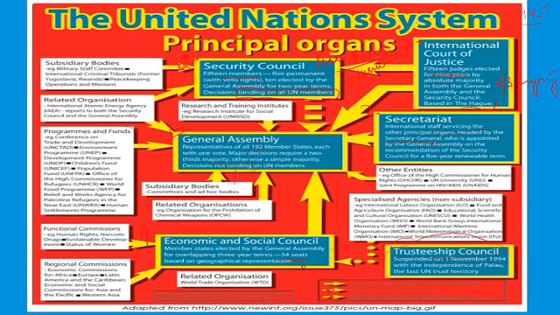Then there are regional commissions, fine, and related organizations. So all this one page, if you prepare thoroughly, half of the chapter is done. It has the detail of all the principal organs, and not more than this is asked in your exams. It has the names of all the special bodies and their full forms also, which you need to learn.